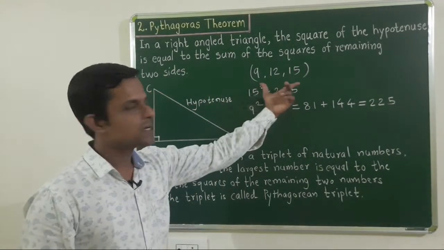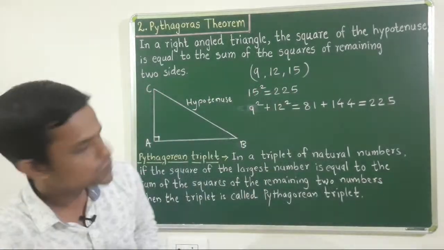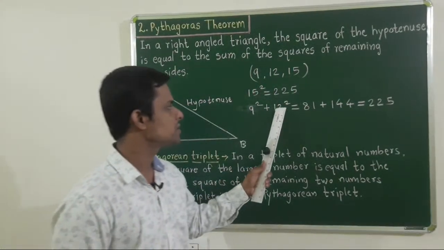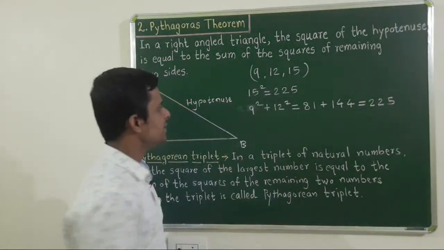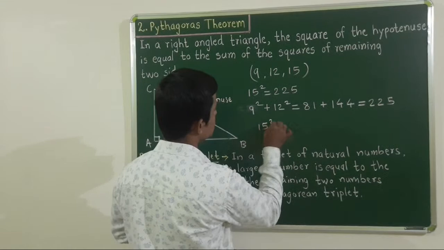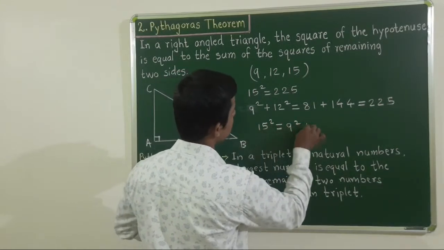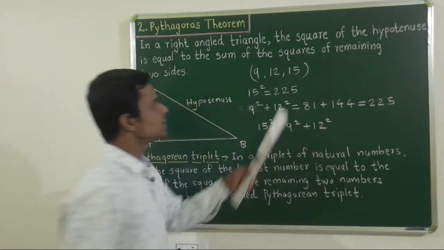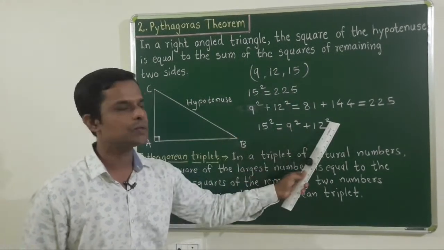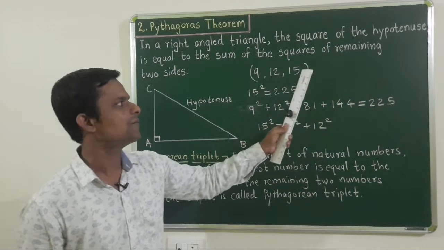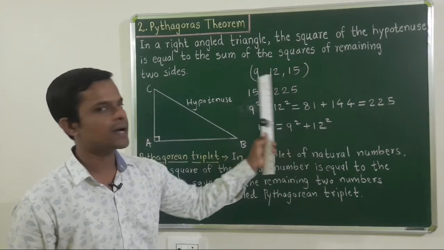Means 15 square, the square of the largest number, is 225, and the sum of squares of the remaining two numbers is also 225. Means we can write 15 square is equal to 9 square plus 12 square. The square of the largest number is equal to the sum of squares of the remaining two numbers. Therefore 9, 12 and 15 is one of the Pythagorean triplets.